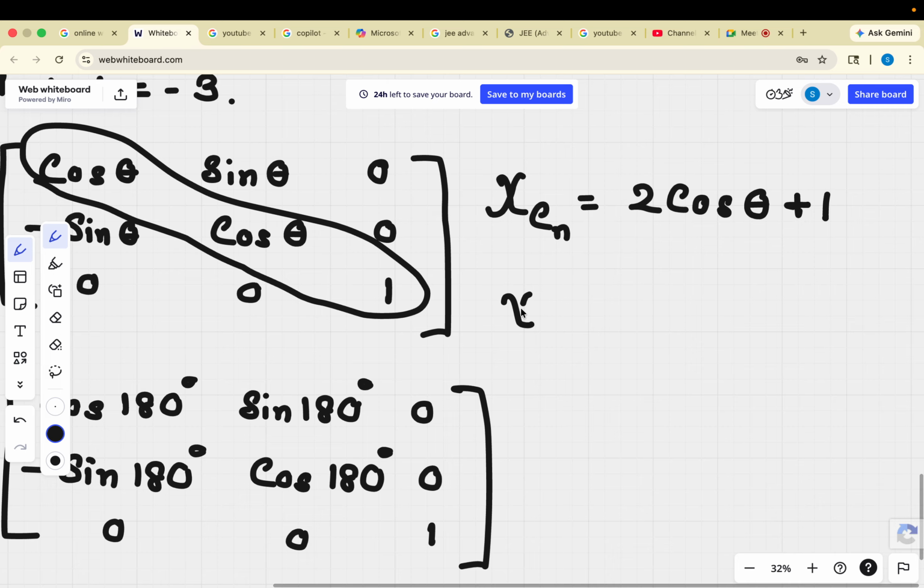So for chi C2, it will be 2 cos 180 degree plus 1, right?